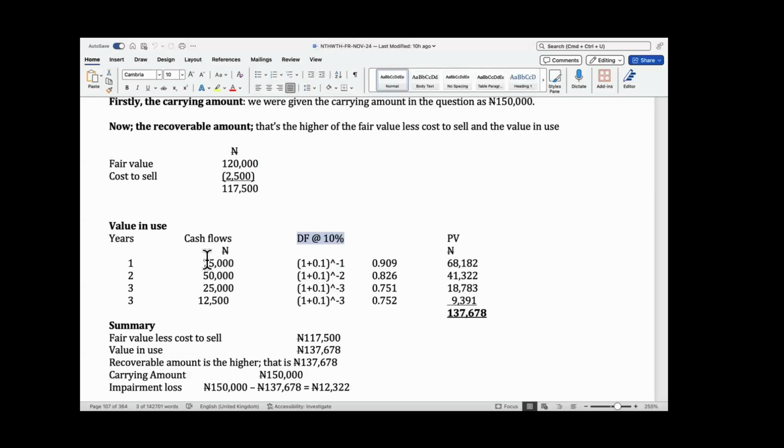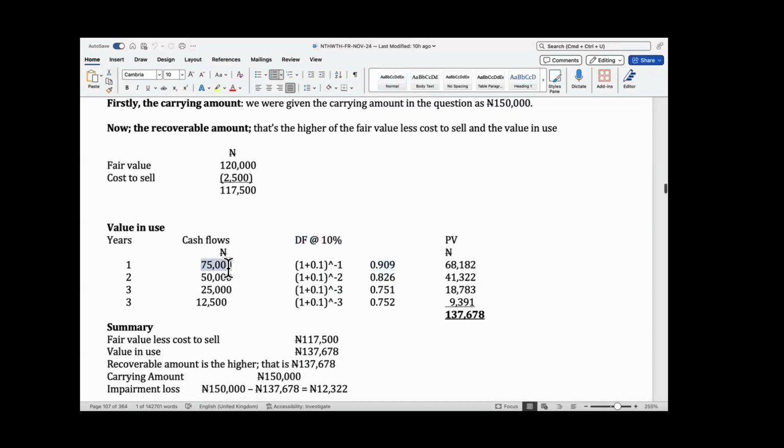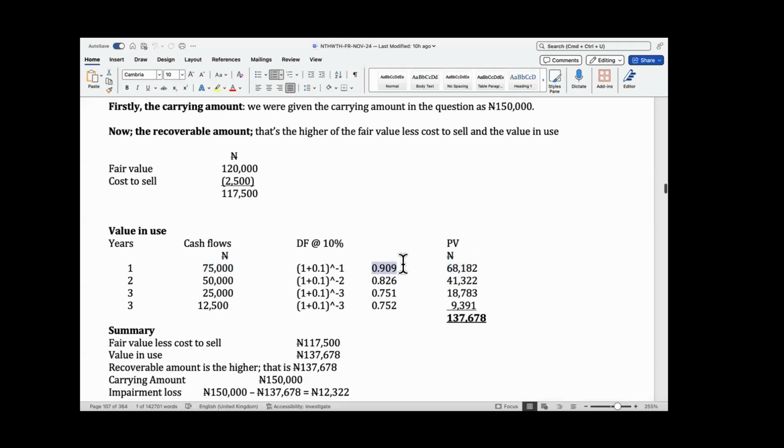To get the present value of these amounts today, I'll do 1 plus r raised to the power minus n. This gives me the discount factor. If I multiply this discount factor by this cash flow, if you punch your calculator, it gives you 68,182. The way you get this discount factor is from 1 plus r raised to the power minus n.